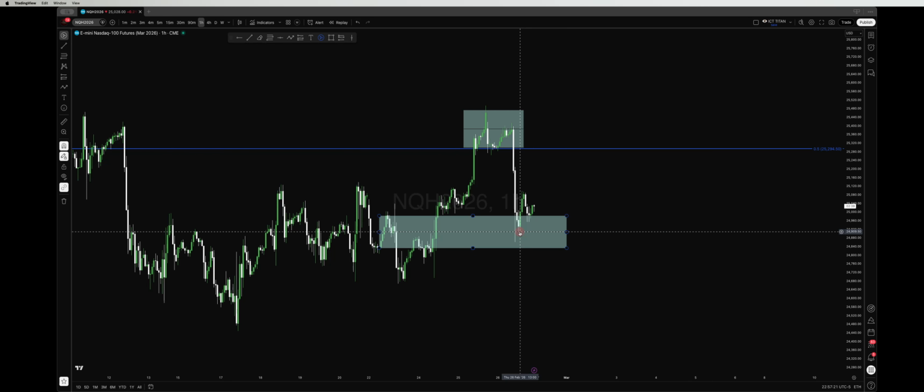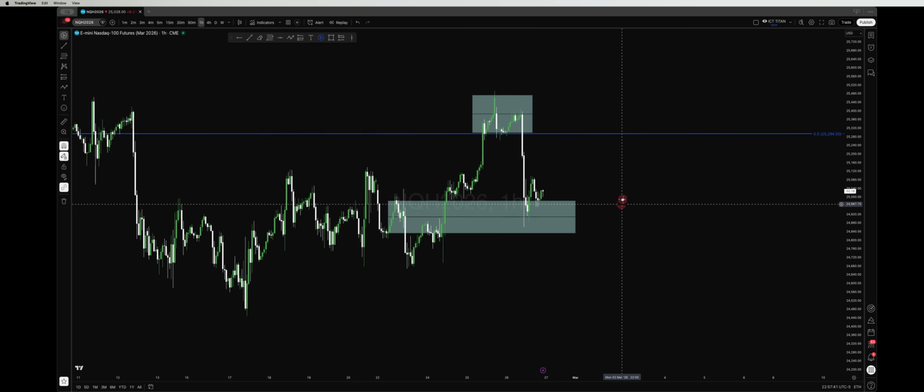That means if, when it came to the discount, there is a key level that can push price higher, that is a better entry, right? Because you are in the discount with a key level, and now you know price can easily go to the premium because it's in the discount.